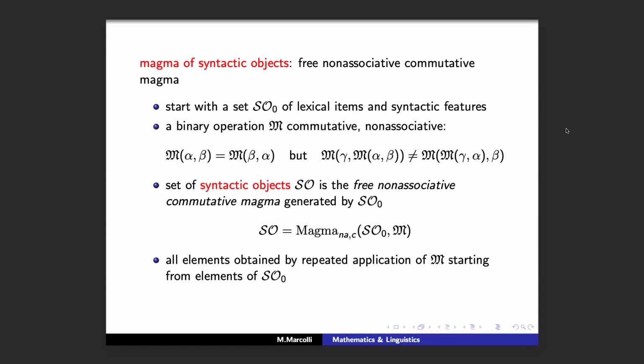Yeah, exactly. So this will contain a lot of structures that are not going to be grammatical in some specific language later on, or they might not be parsable at all because they might not admit a head function or not be labelable as structures. So this just freely forms everything that can be.